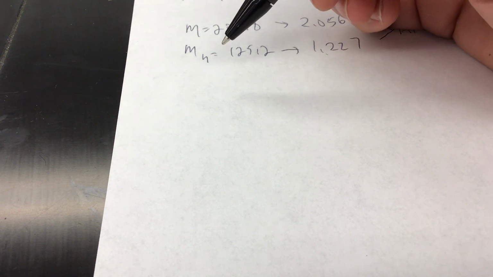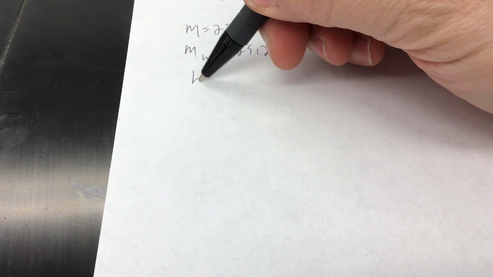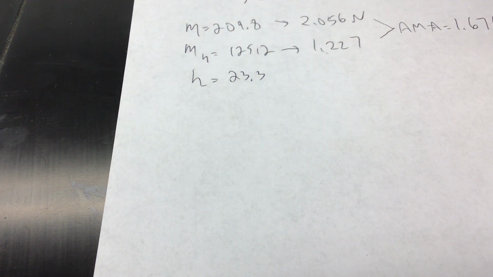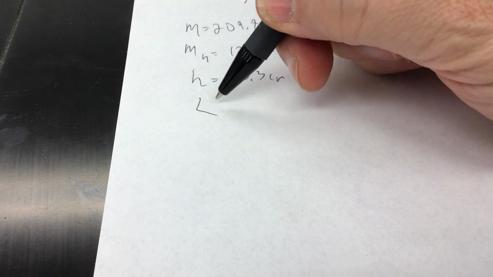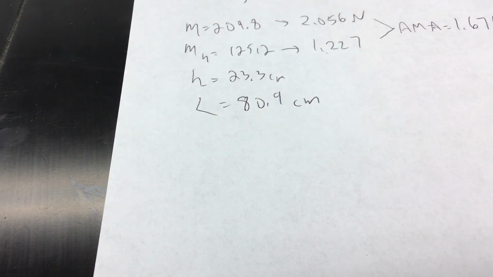Now, for theoretical mechanical advantage, you look at the distances. The height of that particular case was 23.3 centimeters, and the length was 80.9 centimeters, correct? Now, the theoretical mechanical advantage is L divided by H. So you don't really have to convert to meters unless you want to, because the centimeters cancel out.